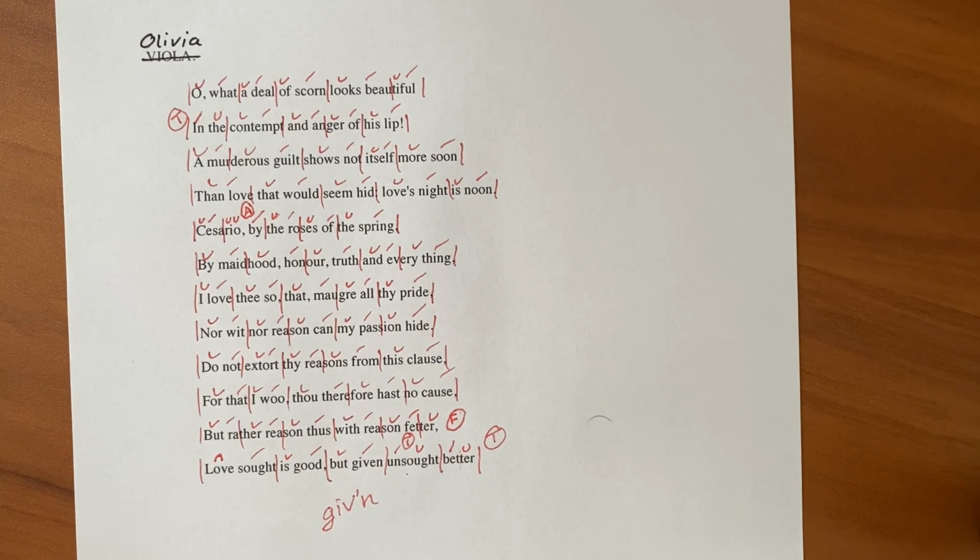Do not extort thy reasons from this clause, for that I woo, thou therefore hast no cause, but rather reason thus with reason fetter. Love sought is good, but given unsought is better. But given unsought better. There we go.